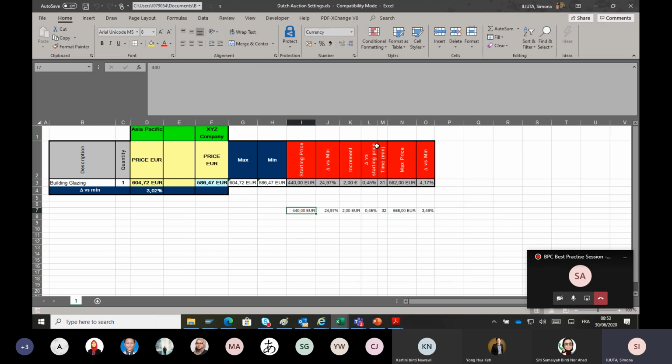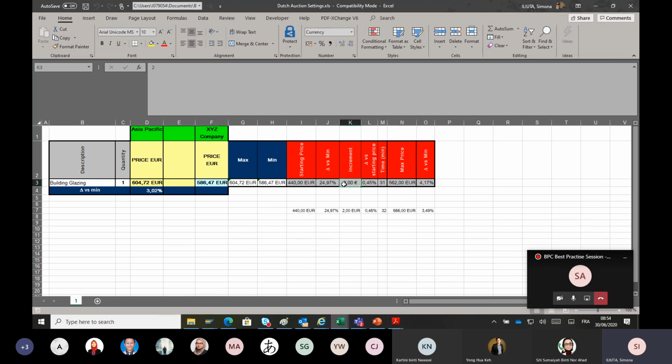And this is a calculation that I've made: I have a starting price at 440 euros, and a difference between the minimum bid, calculated in percentages. So will these three suppliers bear to start the auction at 25% lower than the best leading bid from the RFP?